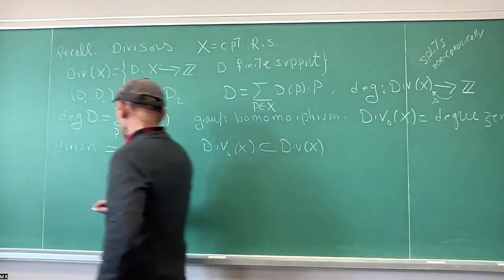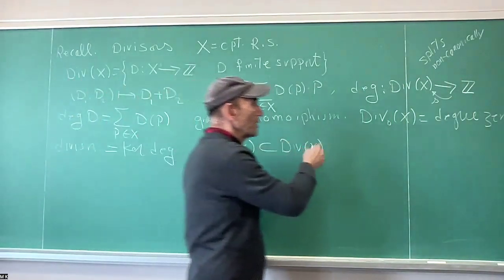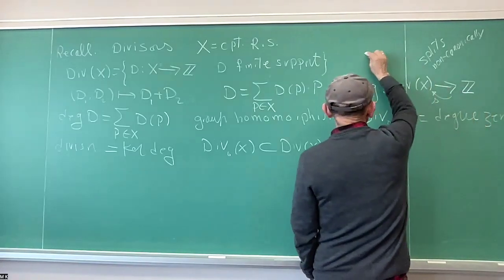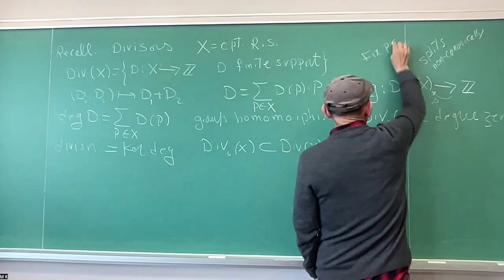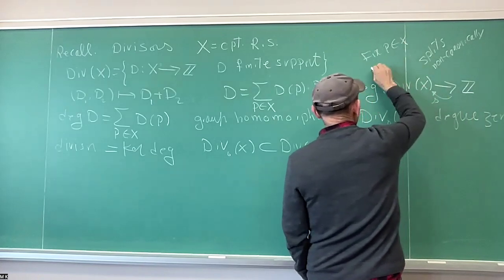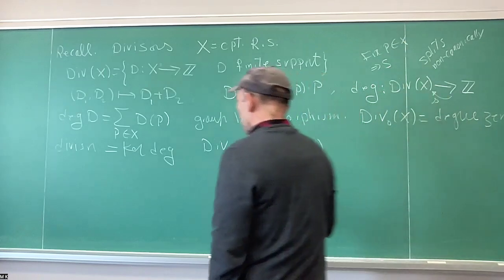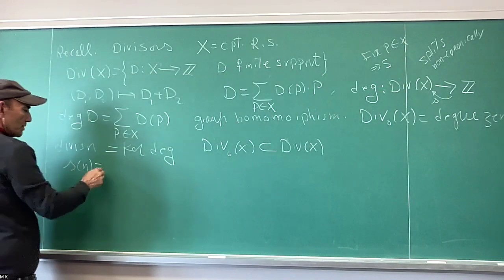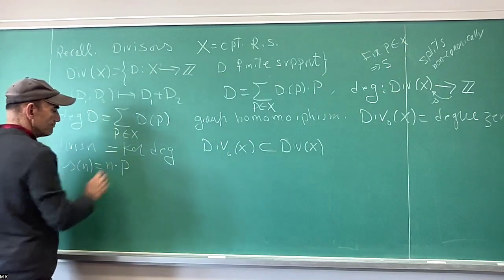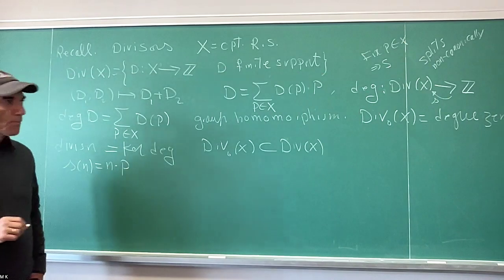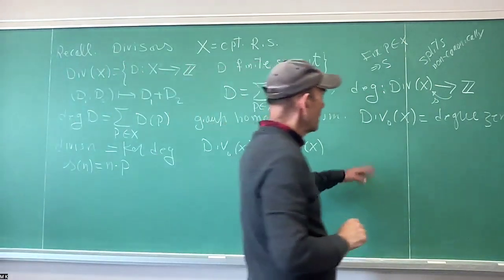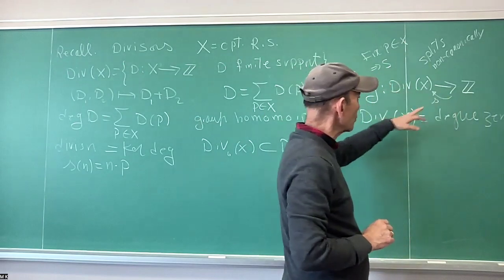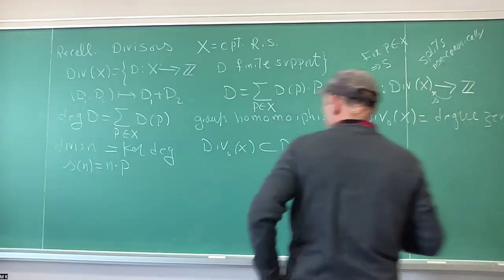This splitting is obtained by fixing a point P belonging to X, which is arbitrary, so it's not canonical. Then S of n is equal to the divisor n times P. If you go in this direction and come back, you get the identity.